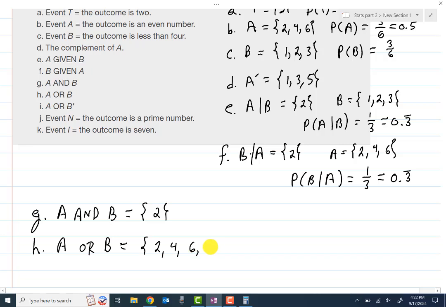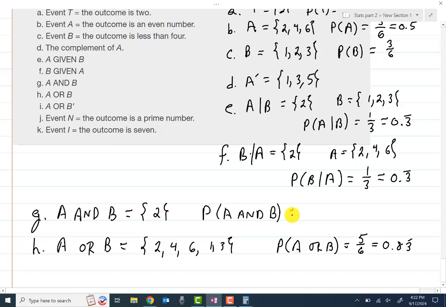And it looks like I have to add 1 and 3. So the probability of A or B equals 5 out of 6. I didn't write the probability of this. Probability of A and B is 1 out of 6.